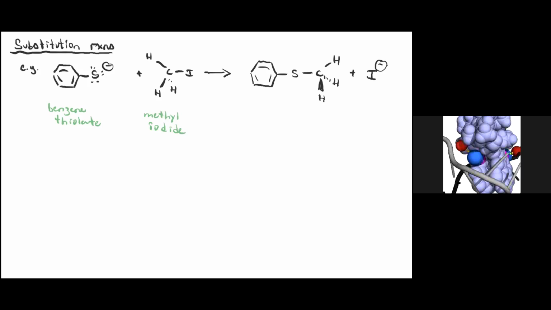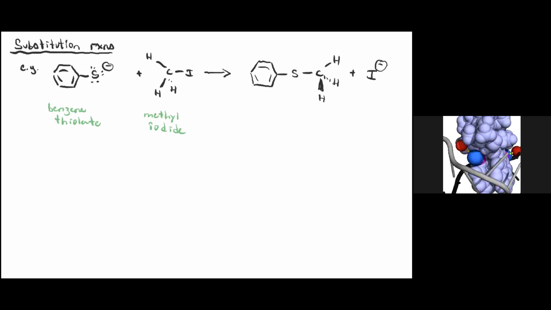Okay, so the arrow nomenclature to show this is identical in fact, except that I just can't have my electrons going to carbon because if I didn't do anything else, I'd then have 10 electrons around carbon, which would violate the octet rule.